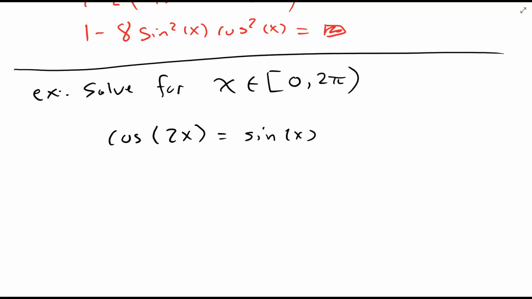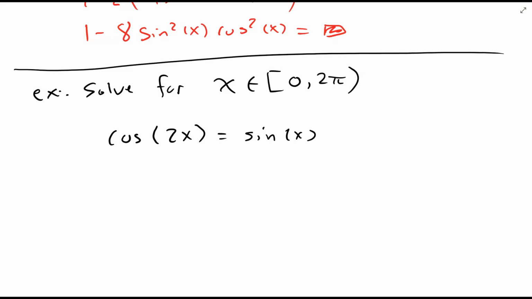What should I do first? Let's do a double angle. Okay, which of the 3 double angle formulas for cosine do you want to use? There's really one that should jump out at you.